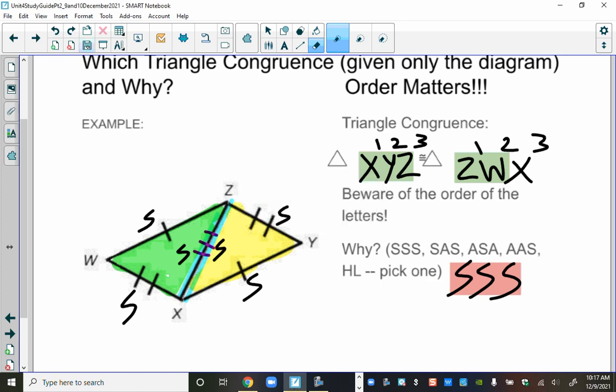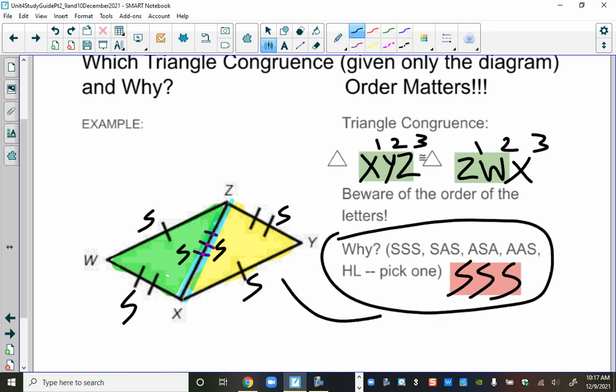Okay, questions on this one? So again, you get the number. We need the diagram.